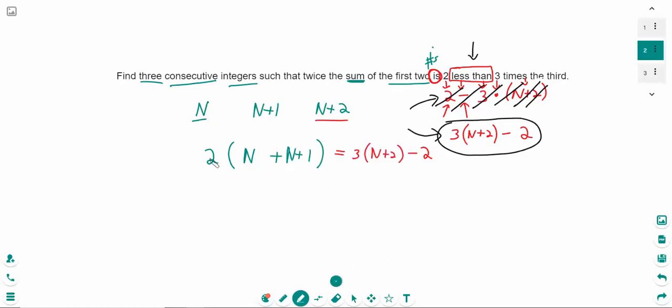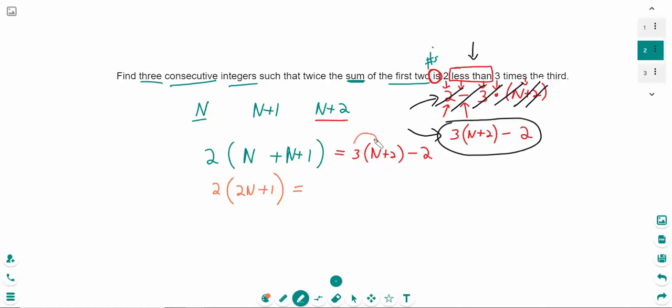So we have some distributive property going on here, but we could work in the parentheses first. So this is 2 times n plus n, that's 2n plus 1. That's everything we can do in that set of parentheses. Here we have some more multiplication, but there's nothing that can be done in those parentheses.